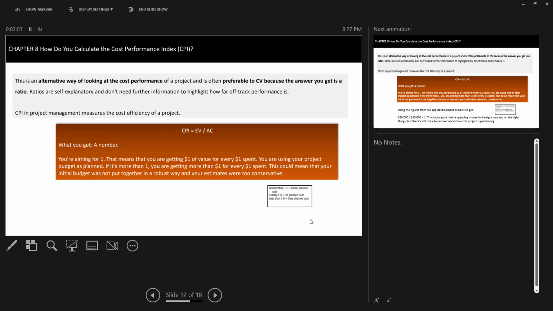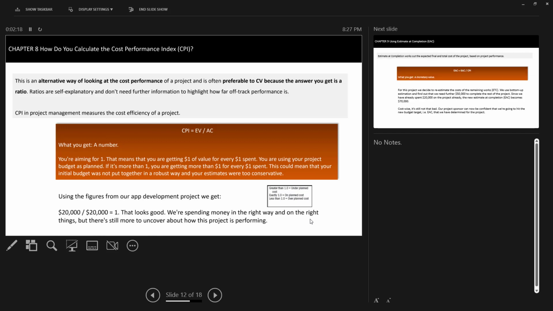As usual, you are aiming for 1. If it's greater than 1, then it's under plan. If it's less than 1, then it's over plan. So a negative value is always bad. And negative here doesn't mean that you will be spending less, you are spending more. So the cost overrun.